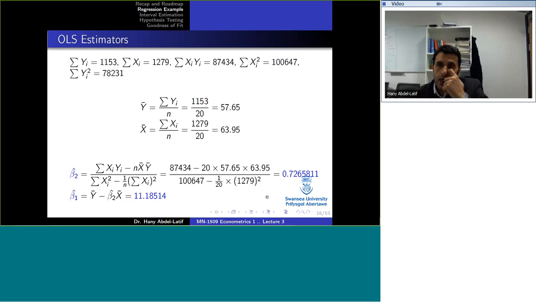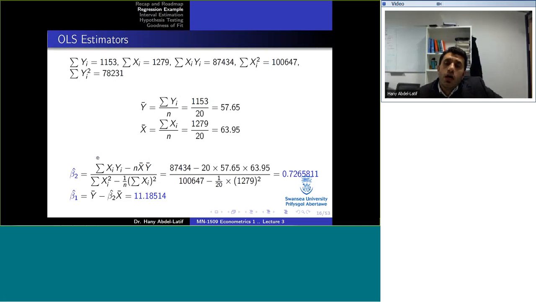Then we move to the next part. I just wrote this information again from the previous table: the sum of y, sum of x, sum of xy, sum of x squared, sum of y squared. Now we just use the formula we had before.